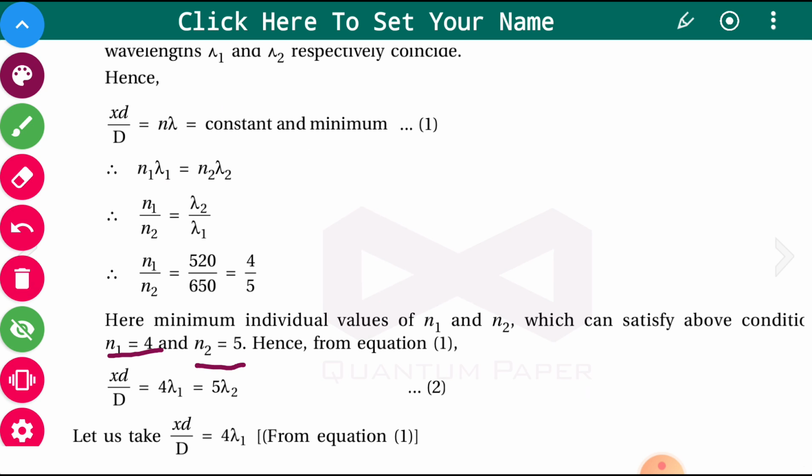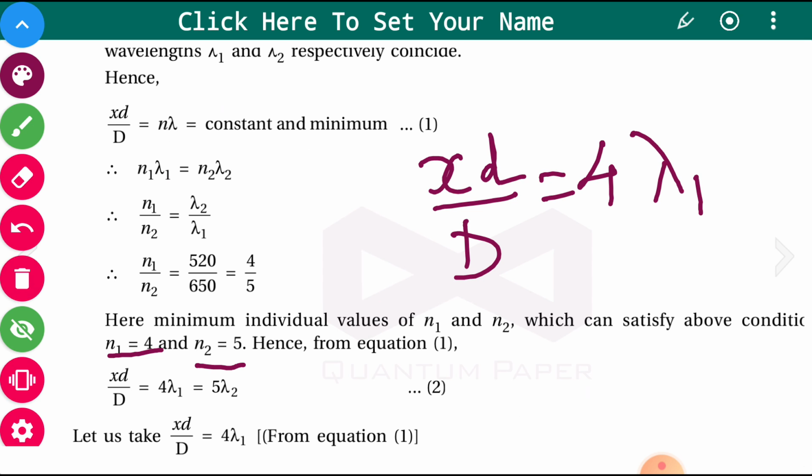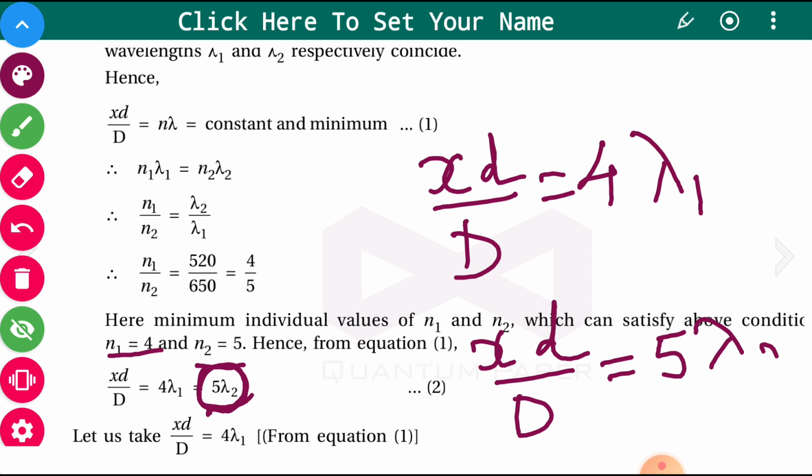wavelength are coinciding. Now you can use xd by D is equal to 4 lambda 1, or we can take xd by D equal to 5 lambda 2, whichever, but the answer will be the same. At that time you have to take 5 lambda 2. Try to understand, whichever wavelength you are taking, the corresponding n we have to take into consideration.